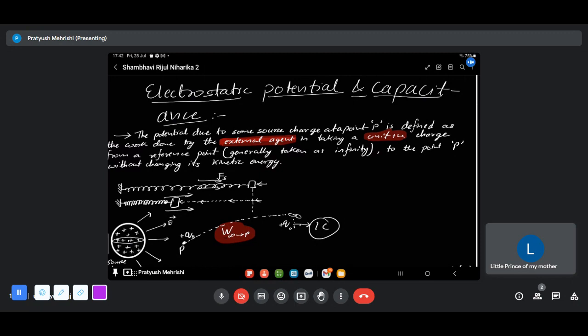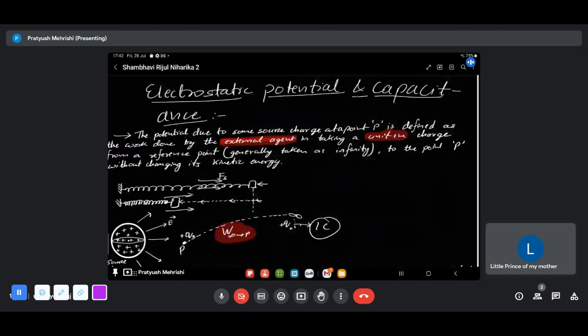Means two charges can experience force due to each other. That is called electric field or field region. Now, in this region, if I am bringing a charge from infinity, means the charge was very, very far away, not under the influence of any electric field anyhow.